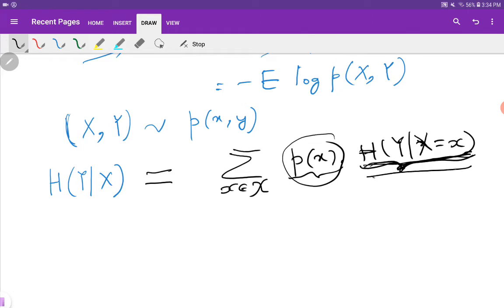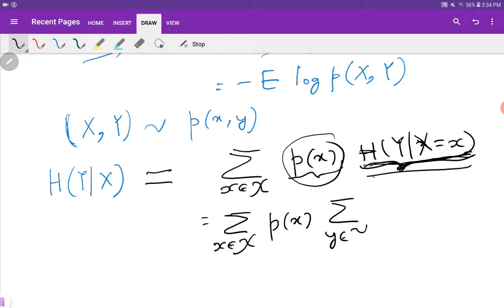Now what is this term? We can further expand it: the sum over x belonging to X of p of x, times the sum over y belonging to the alphabet Y of p of y given x times log p of y given x. Because of the definition of entropy, we also get a negative term here.